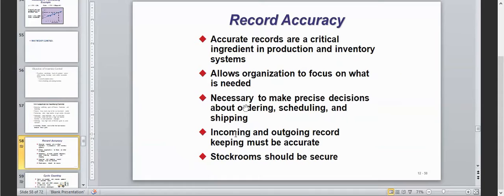Incoming and outgoing record keeping must be accurate. So any inventory that goes in and out of our premises must be recorded, and the storeroom should also be secure to avoid loss of inventory.